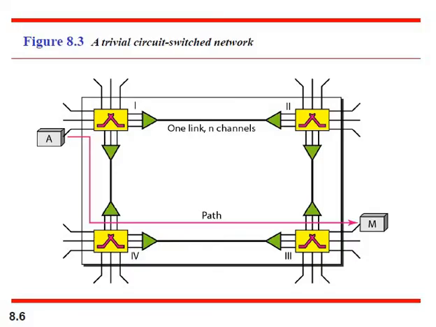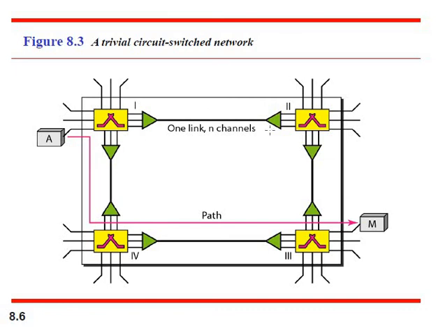So this is an example of a circuit switched network. Here the sender A wants to communicate with M. In between them there are two paths available: one is through switches 1, 2 and 3, or 1, 4 and 3.